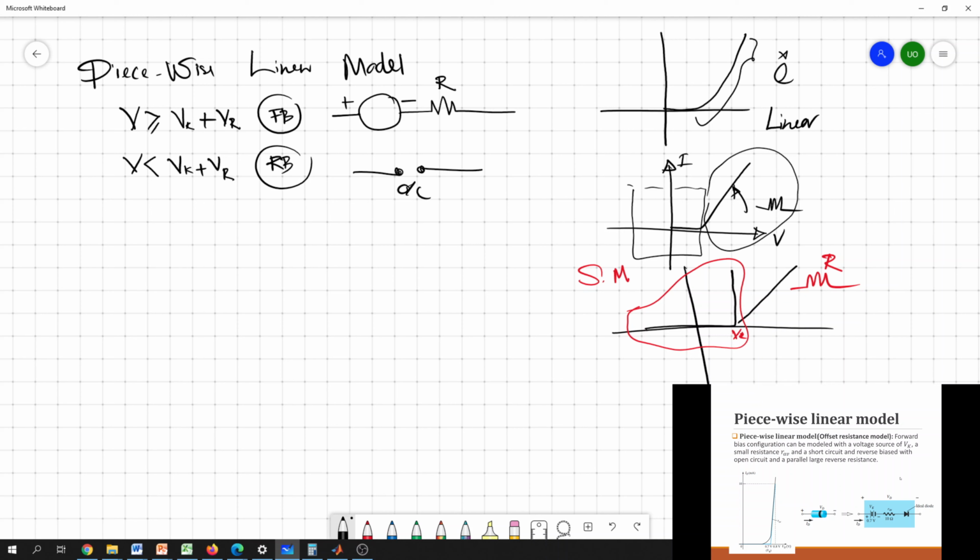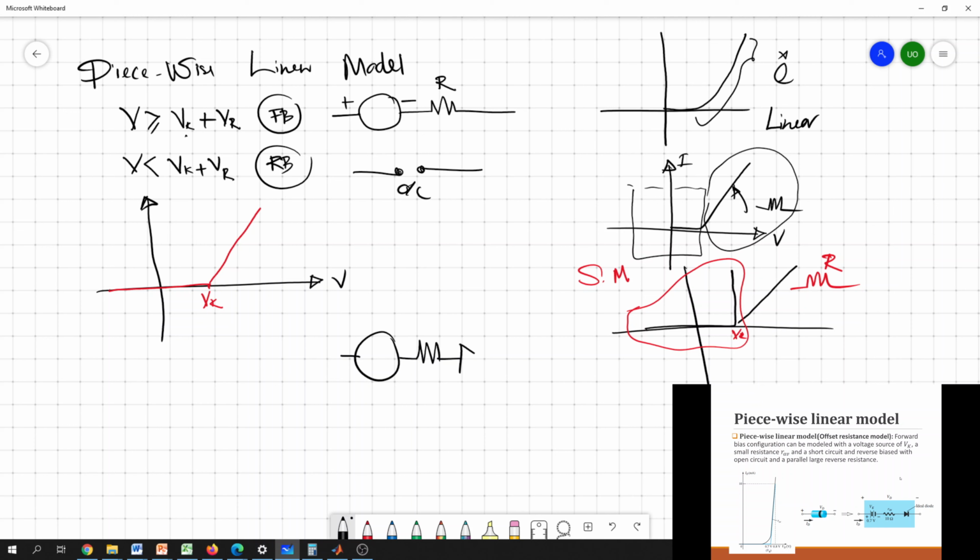The characteristic curve is something like that. So this is Vk. Up to this we have Vk. After that, the drop is simply the voltage drop across the resistor. So to make it forward biased, the applied voltage should be greater than or equal to Vk plus the voltage across the resistance. Similarly, you can replace it like this.